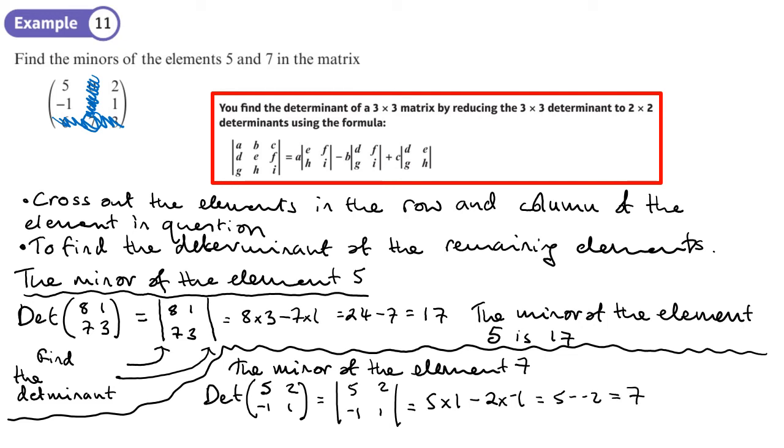So we can say the minor of the element 7 is 7. So cross out the values in the row and column and use that to find the determinant of the elements that are left.